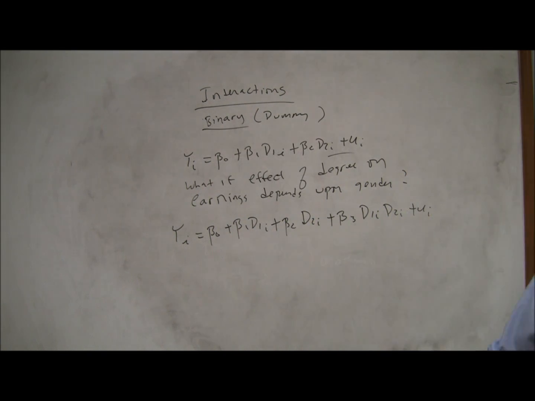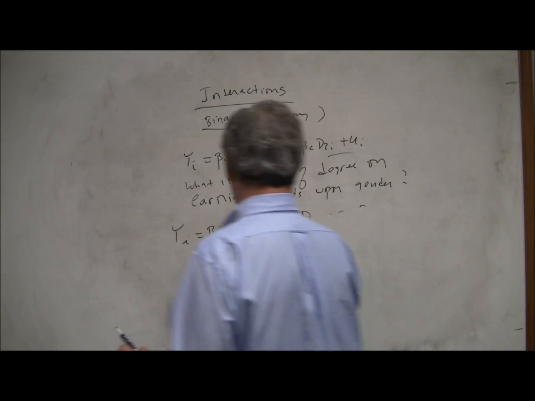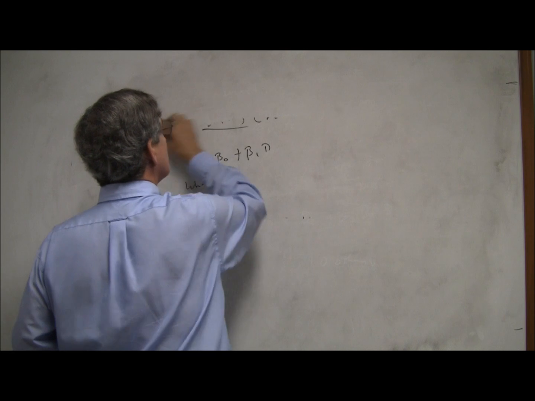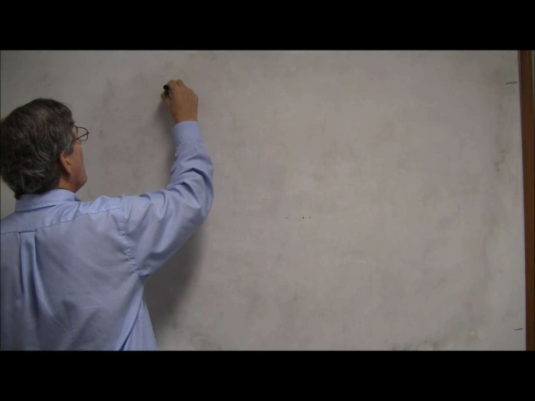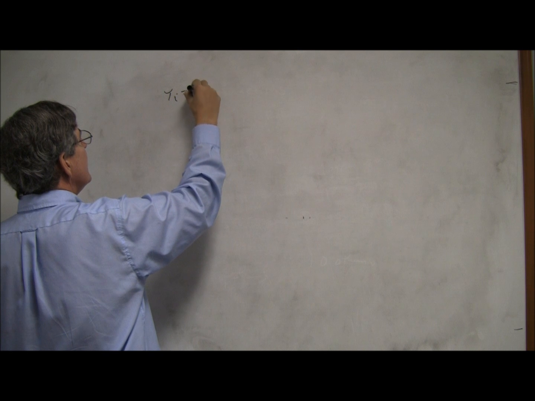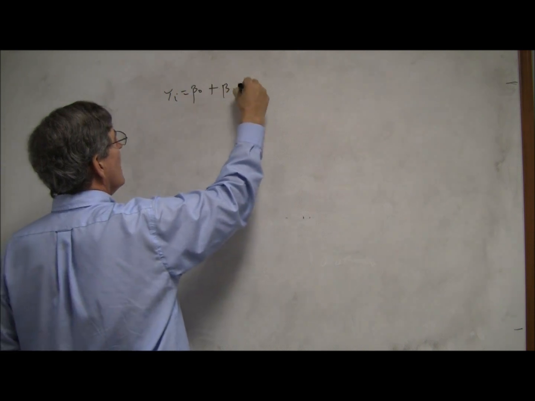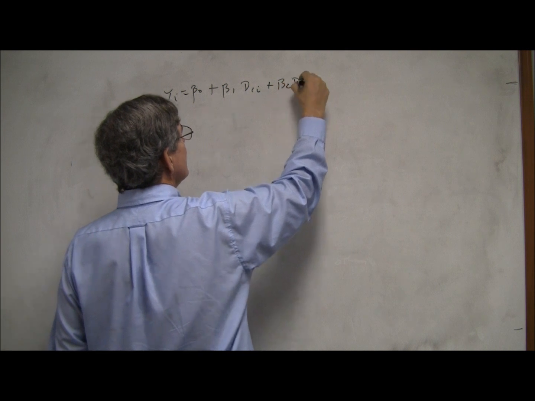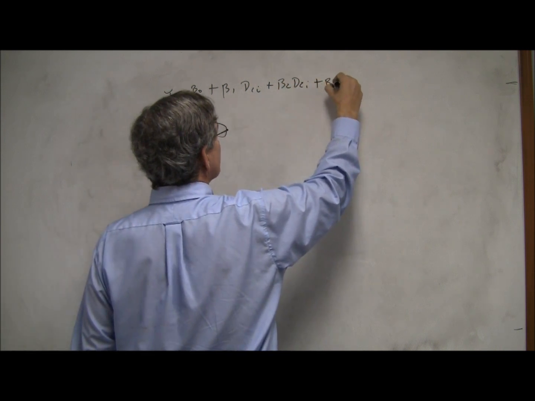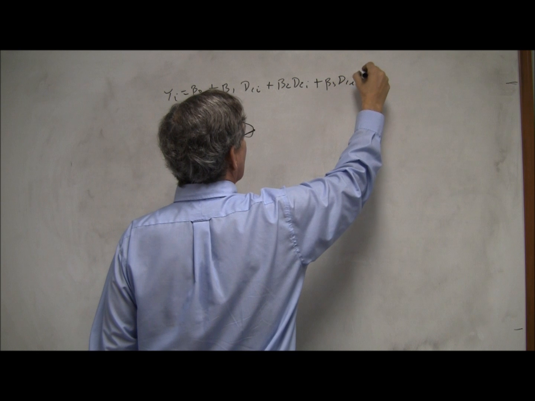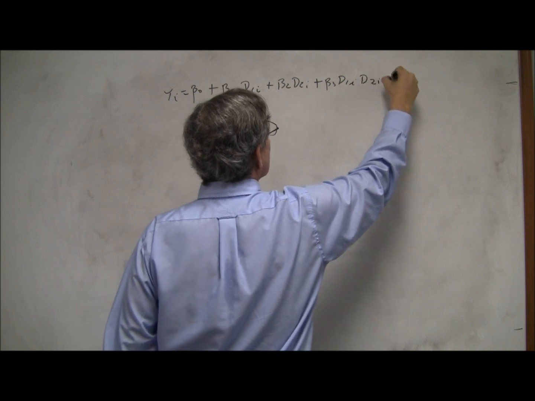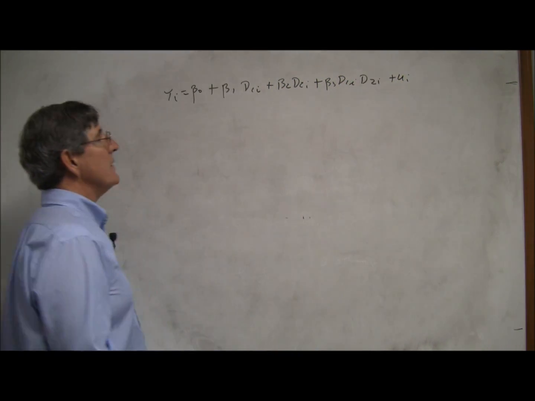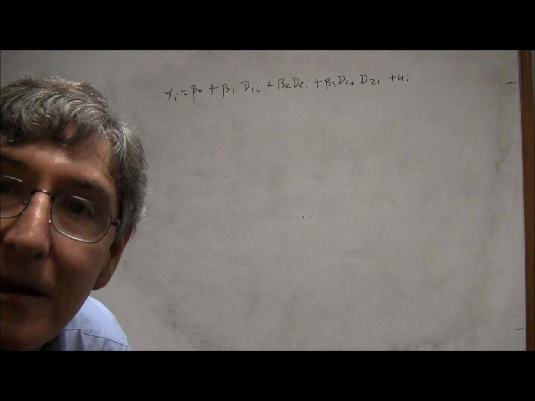So let me rewrite the model up here at the top of the board so I have some space to write. So our model is yi is beta 0 plus beta 1 d1i plus beta 2 d2i plus beta 3 times the product d1i d2i plus ui. So that's the model. Can you see that? Yeah, good.